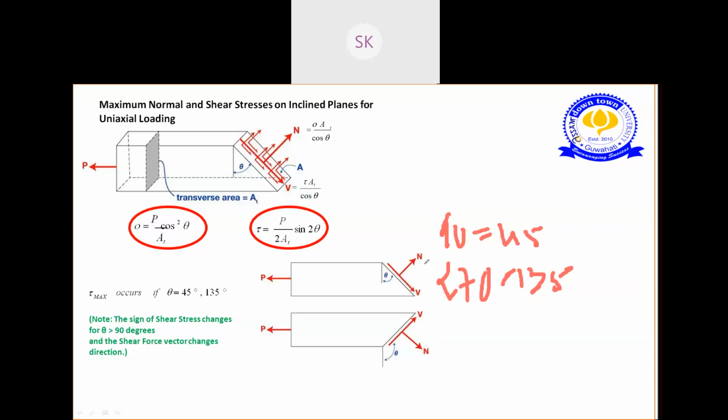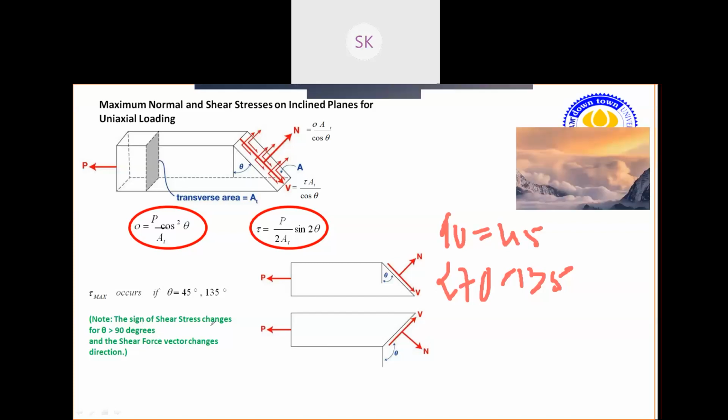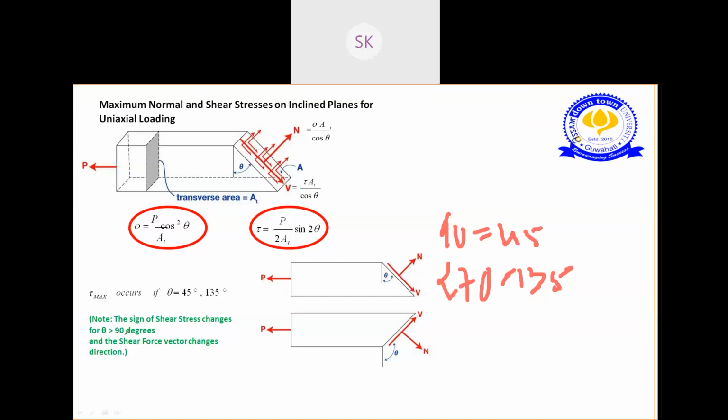Normal stress will be the same, perpendicular to the cut surface, but shear stress will change. Remember this point.